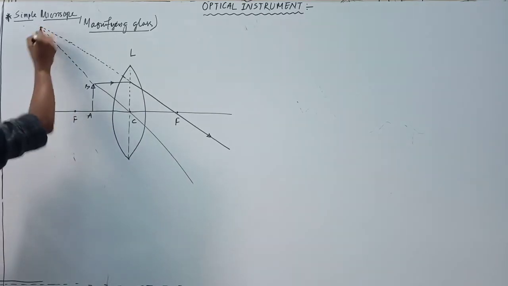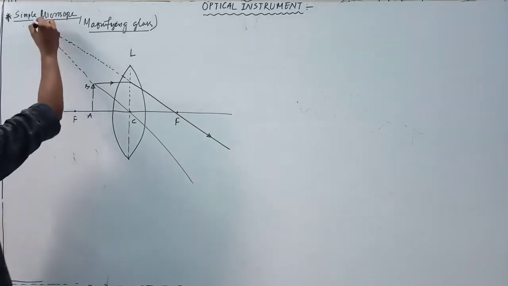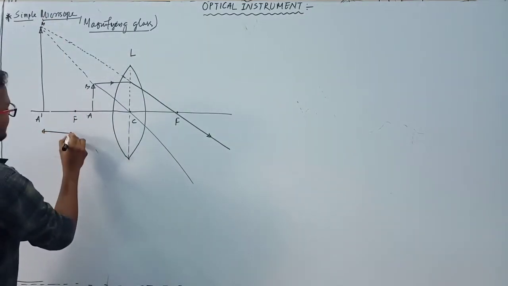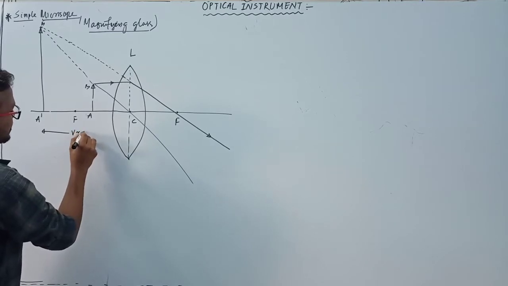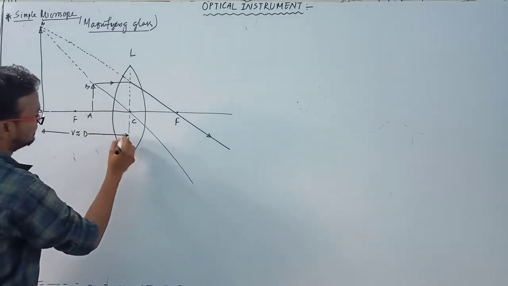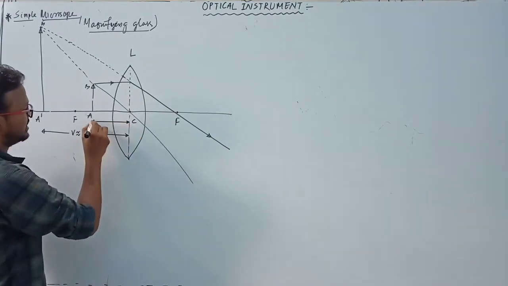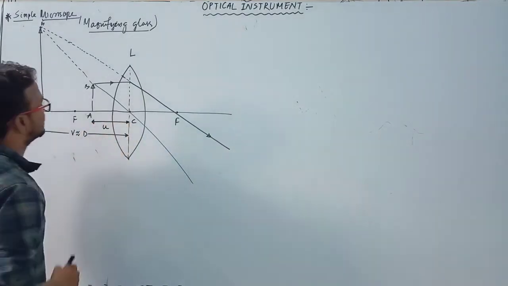This is the final image A dash B dash, which is suppose at the least distance of distinct vision, where V is nearly equal to D. Clear? And this distance is known as the object distance, that is U. This is the optical center.